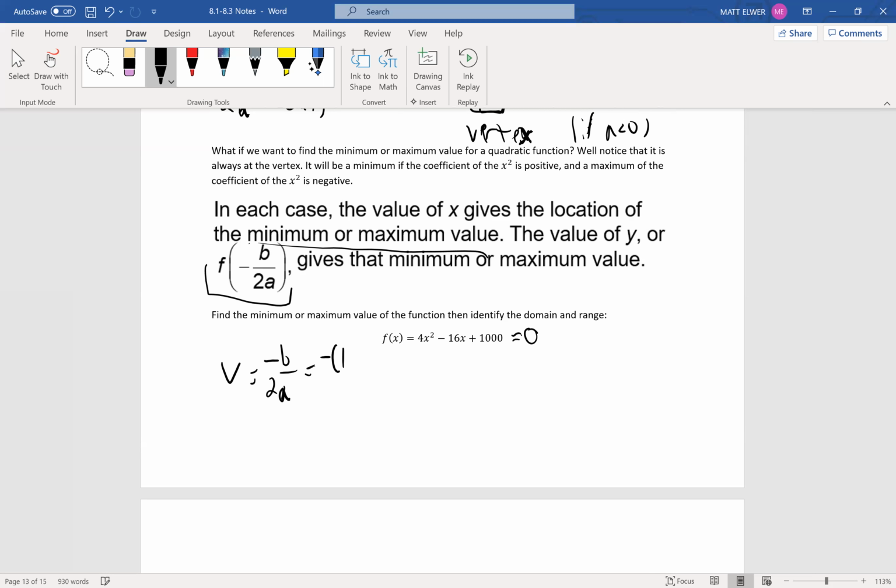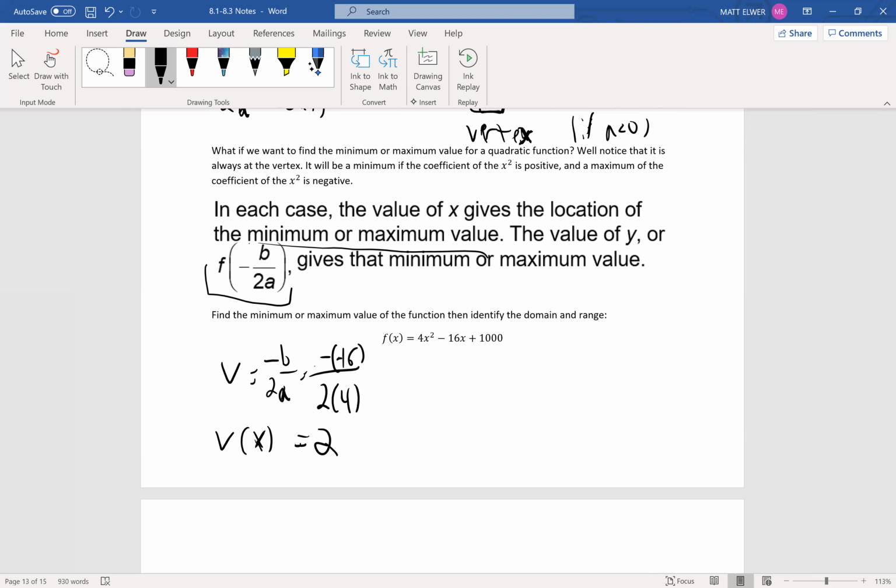So negative of a negative 16 over 2a, so 2 times 4. Maybe I'll erase that 0 for now. So we have the negative of a negative 16, which is equal to 16 divided by 8, which is equal to 2. So my vertex x value, maybe I'll write it like that, is 2.